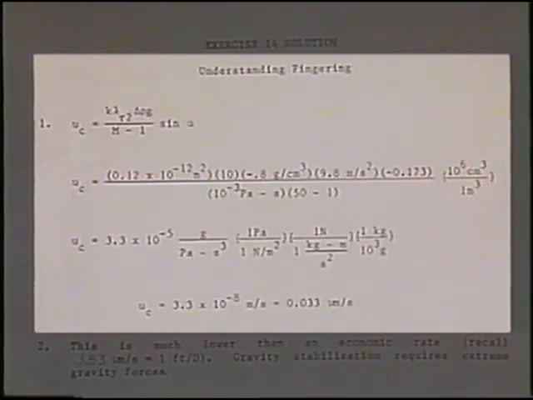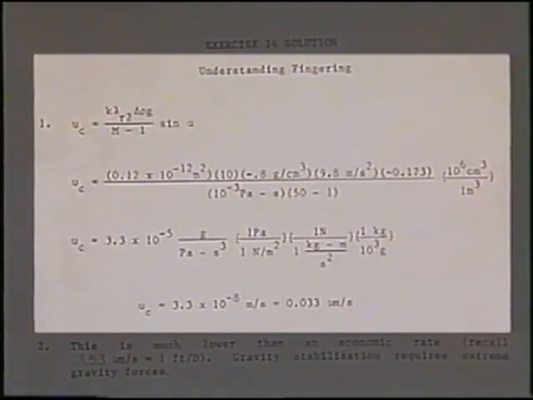If there's a difficulty in this, it involves what to do about this relative mobility term. The numerical value on it is 10, but the units are reciprocal millipascal seconds, which means that in the denominator there should appear 10 to the minus 3 Pascal seconds in the denominator because it is reciprocal.